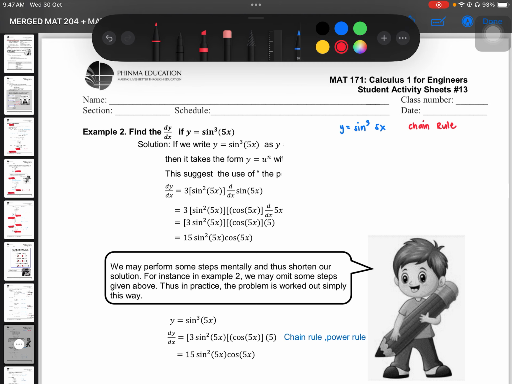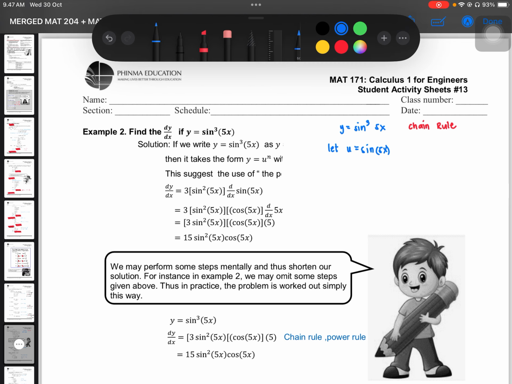Diba? Wherein, ang gamit natin talaga in chain rule is yung u, yung pinaka kalahatan. Okay? So, dito, ang gawin muna natin is that we use u, let's say, let u be sine 5x. Okay? This one, sine 5x.